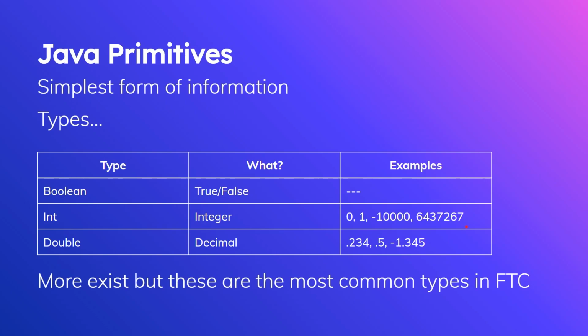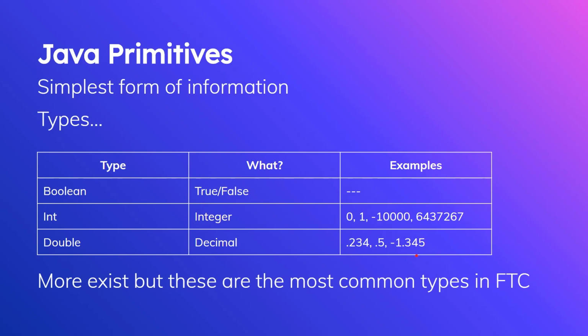And then the last data type that we'll talk about is the double data type, which stores decimal values. So you can see that we can store 0.234, 0.5, and negative 1.345. More exist, but these are the most common and most relevant types in FTC.